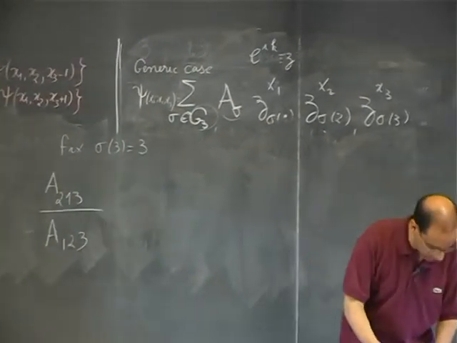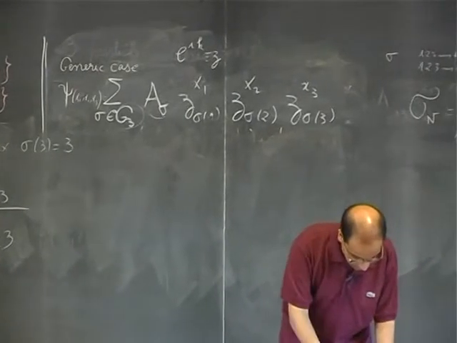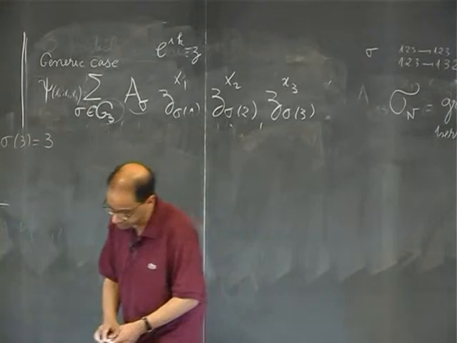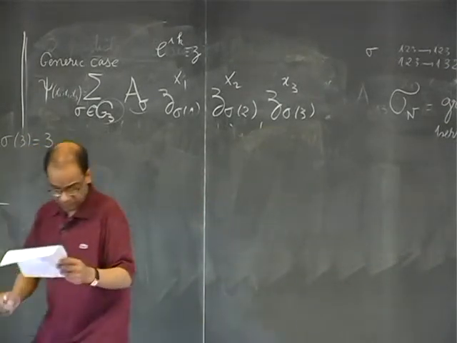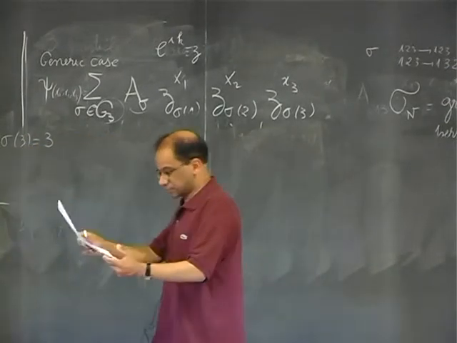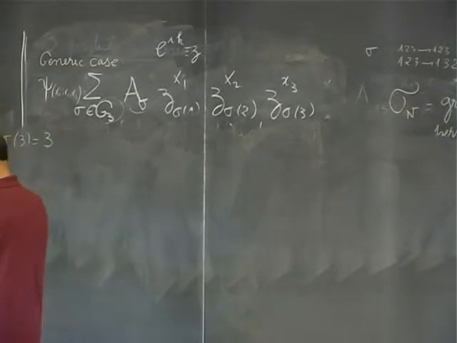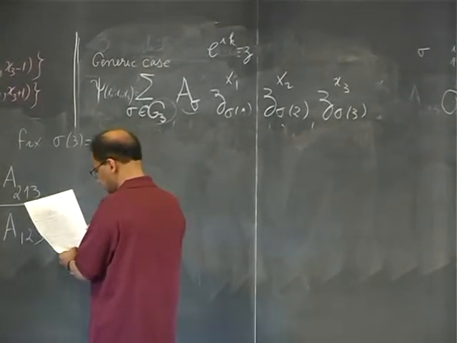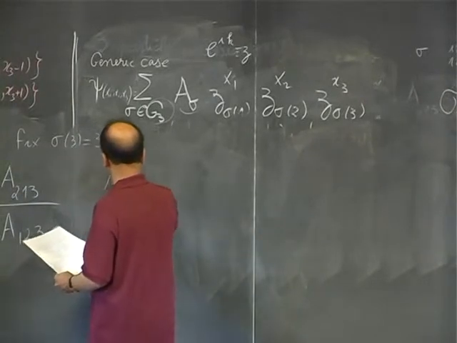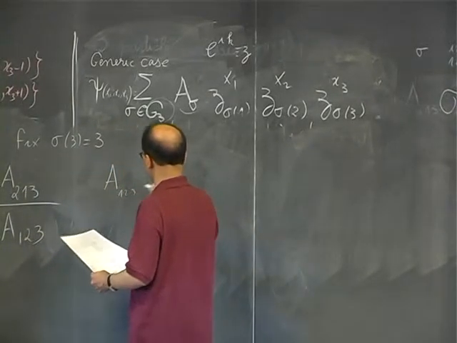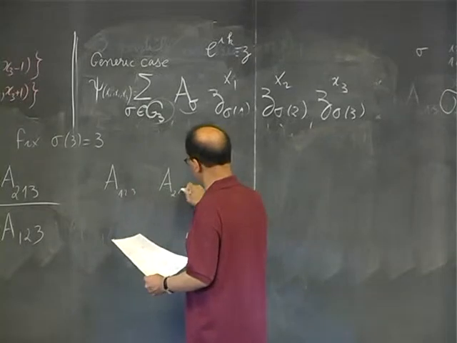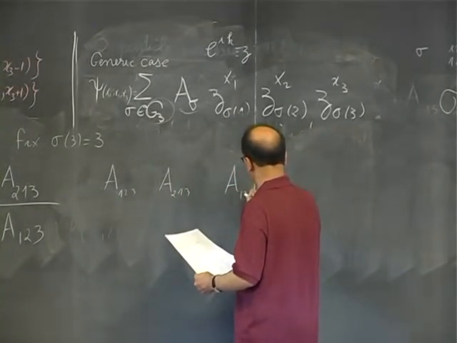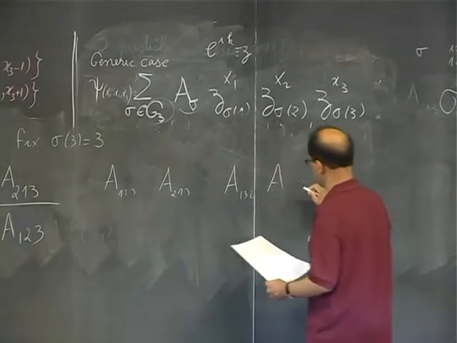What kind of ratio will I have generically? Well, I will have the 6 ratios, in fact. Yeah, I will have, in fact, the ratio of any 2, if I have A1, 2, 3, A2, 1, 3, A1, 3, 2, A.